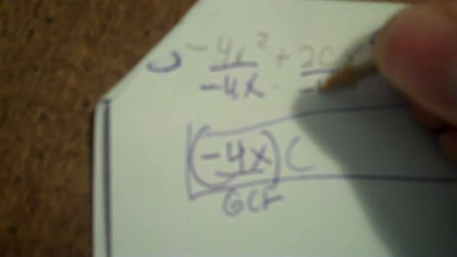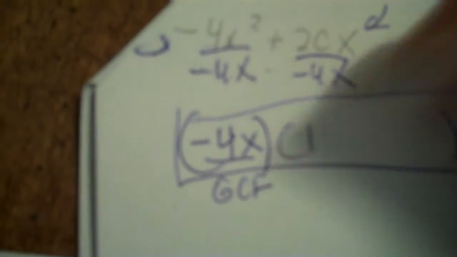So that's your GCF. When I go up and divide, it's got to be negative 4x. Negative 4 divided by negative 4 is 1. And then x second divided by x first, we just write x down. And then 2 minus 1 is 1, so I can just write x.